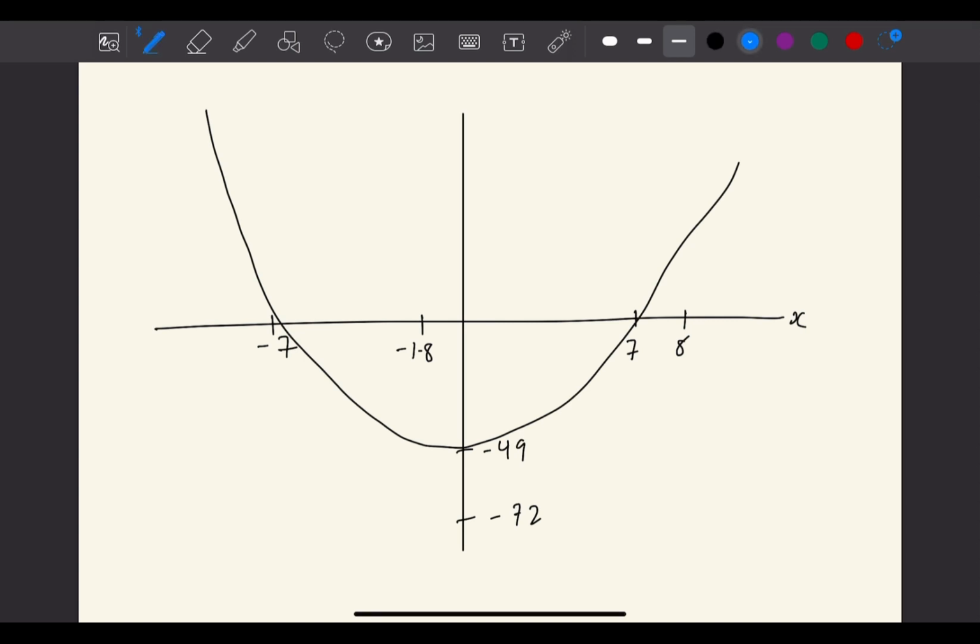So the second graph looks something like this. Sorry, that was really bad. Something like this. Okay, so that's y is equal to 5x squared minus 31x minus 72. That's y is equal to x squared minus 49.